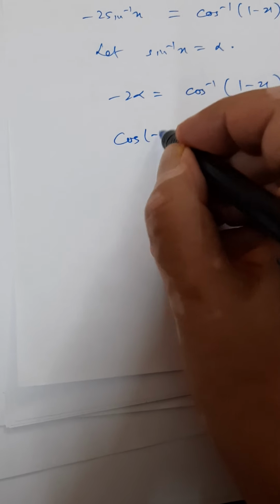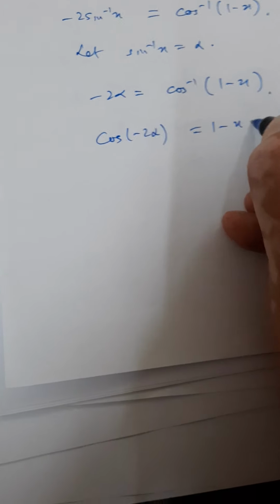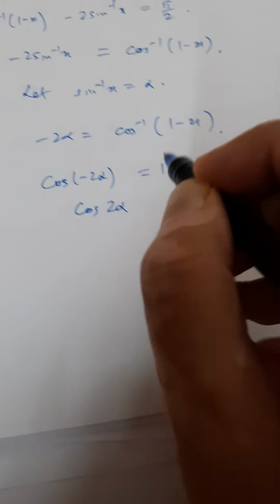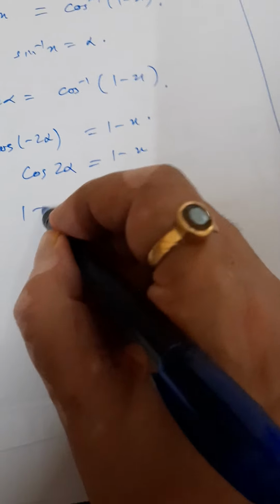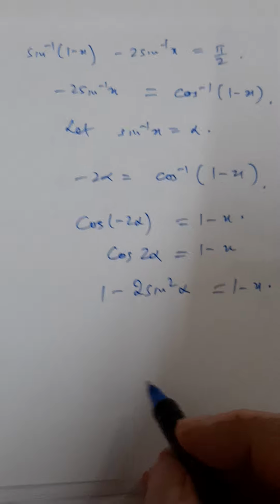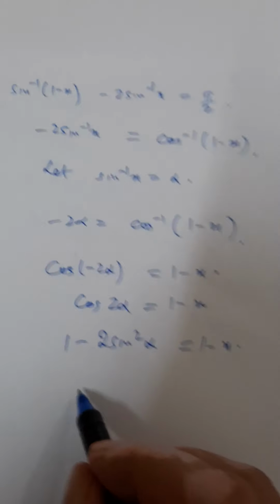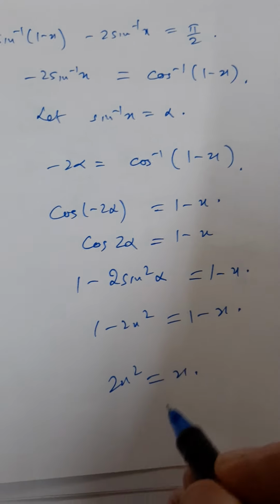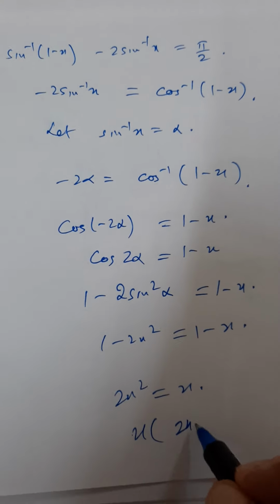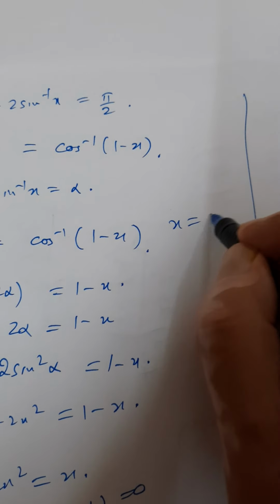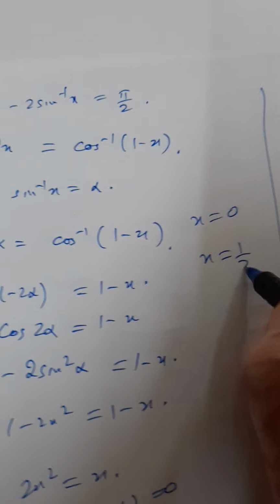So you have cos of minus 2 alpha is 1 minus x. So you have cos 2 alpha is 1 minus x. This is 1 minus 2 sine square alpha equals 1 minus x. So you have 1 minus 2x square is 1 minus x. So 2x square equals x, that is x into (2x minus 1) equals 0. So this means x is 0 and x is 1 by 2.